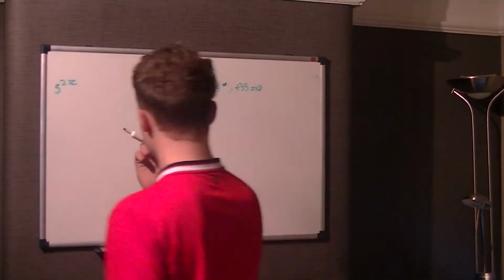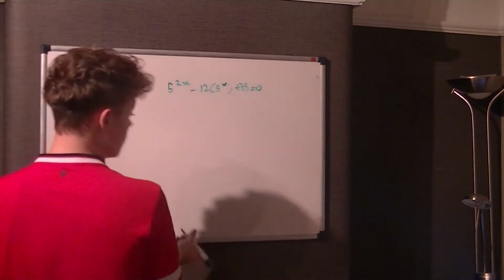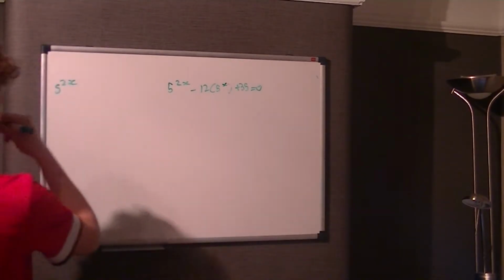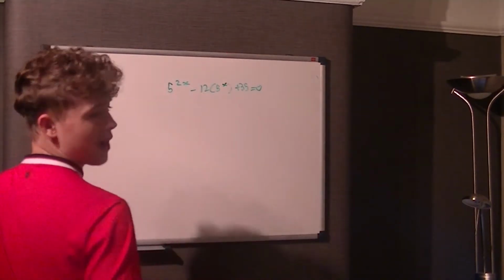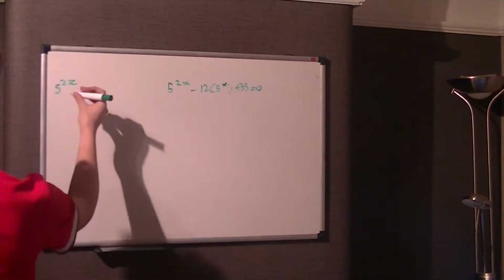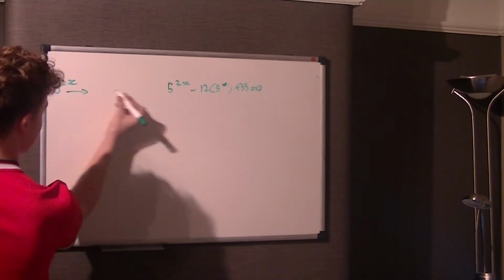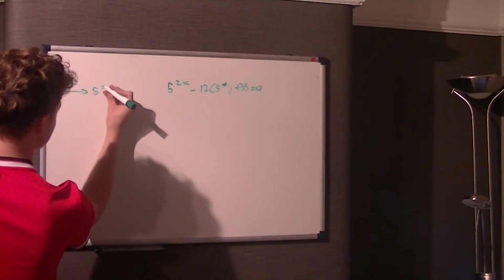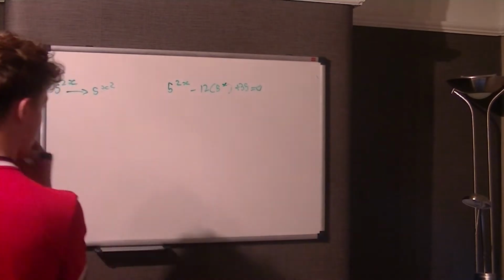But what an exponential equation looks like, it says, oh well, let's make 5 to the power x equal y, which coincidentally is what we're going to do. How crazy is that? So 5 to the 2x is the same as 5 to the x, squared.